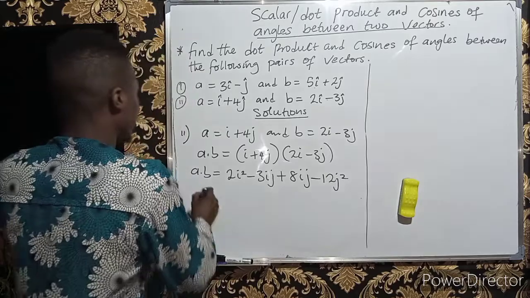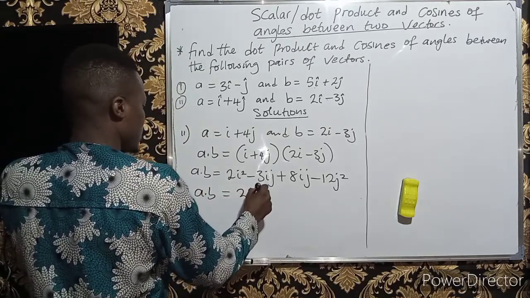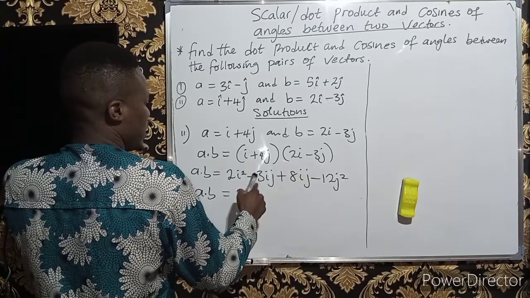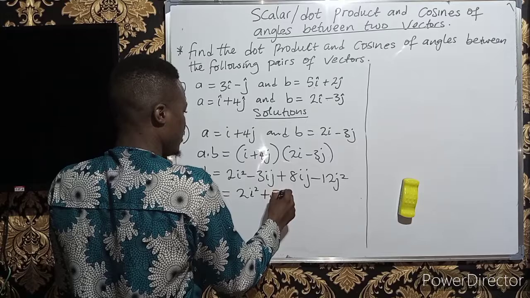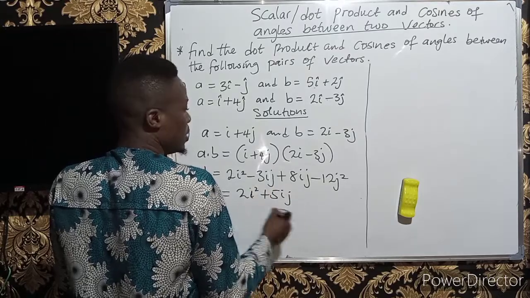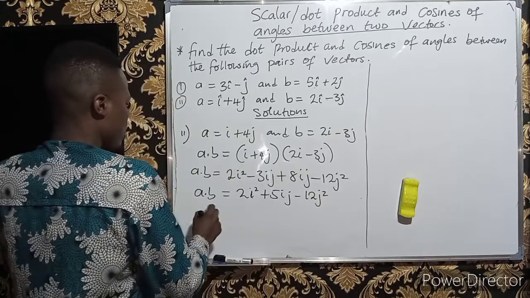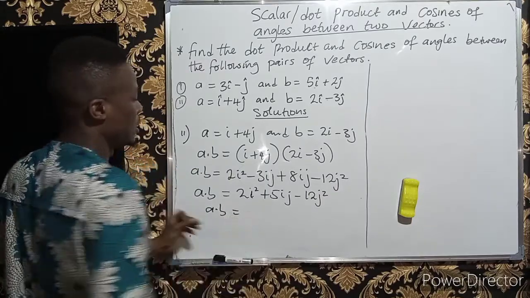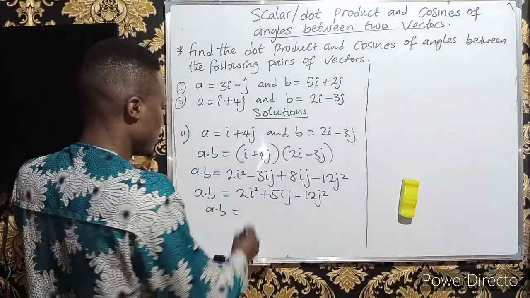Now a dot b will give us 2i squared minus 3ij plus 8ij, which will give us plus 5ij, then minus 12j squared. Now we know that i squared is 1, j squared is 1, while ij is 0. So we have to substitute.